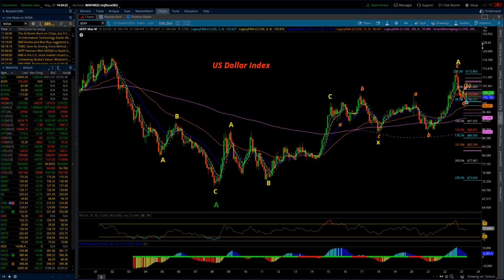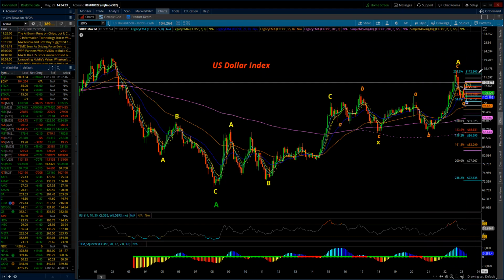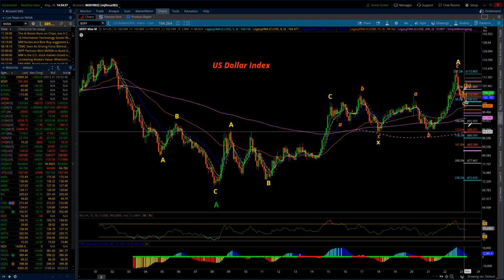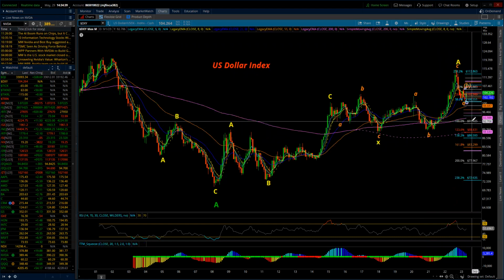That's the monthly Elliott view, that we are involved in an intermediate B wave down to be followed by an intermediate C wave once we reach particular levels, which I will go over in a moment.